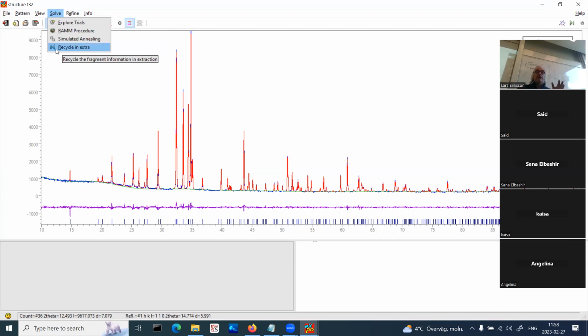Because with the structure, one can calculate a pattern, and then perhaps you have some idea about whether a peak is composed of two equivalent or non-equivalent, quite closely lying peaks, one of them strong and the other one weak. Otherwise, Extra will equipartition the peaks, I think, unless it has some extra information.